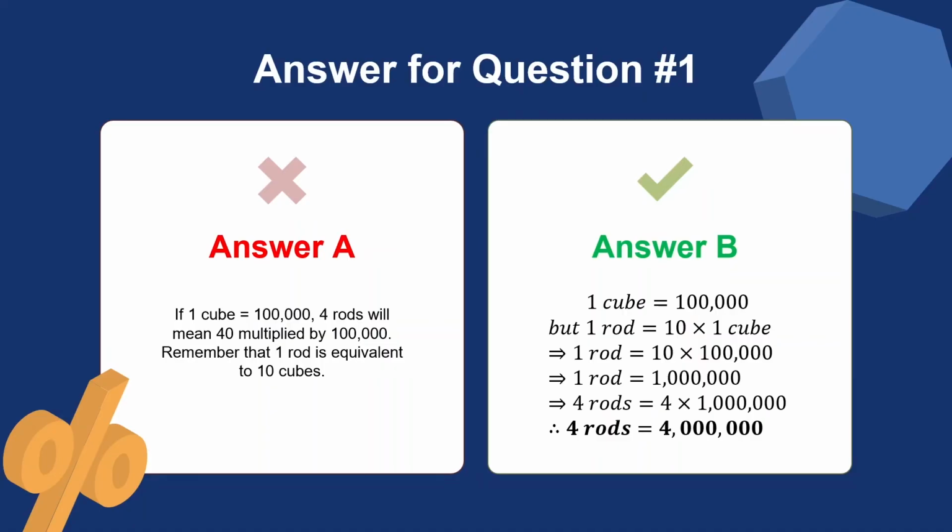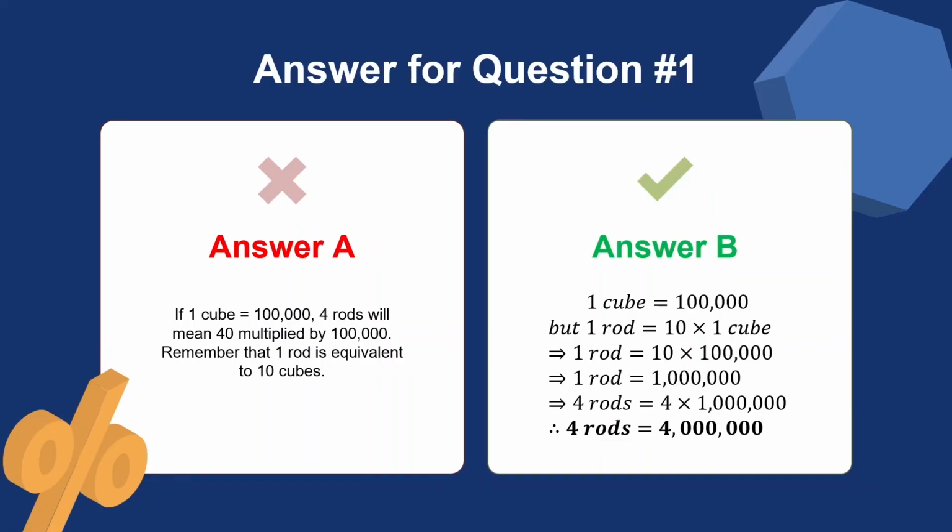And 10 times 100,000 is 1 million. So if we have 4 of the rods, it means we have to multiply the value of the rod by 4 so that we can say that 4 rods will be equal to 4 million.